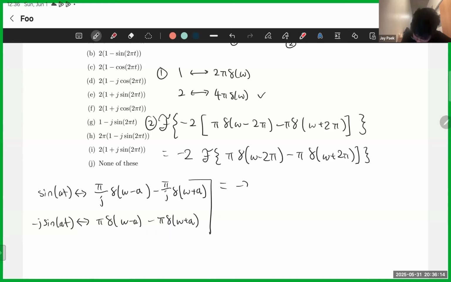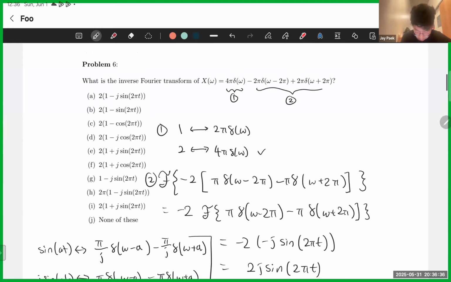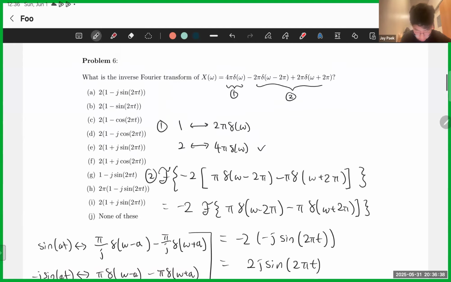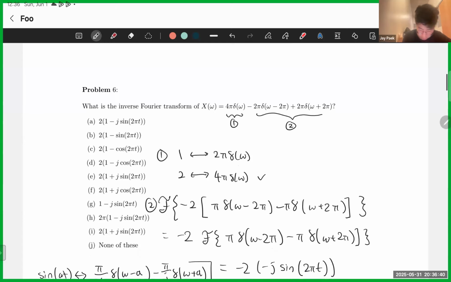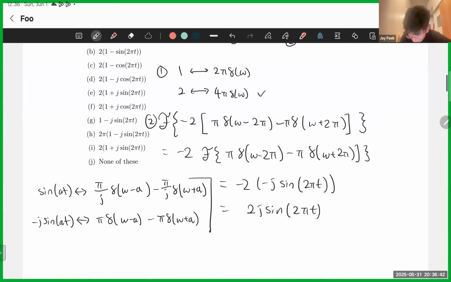The Fourier transform of that part is immediately negative j sine of 2 pi t equal to 2j sine of t. I believe I'm off by a small factor here. If I add those two, then it won't add up because I want a negative sign right there. Let's try to debug where I got my sign error.